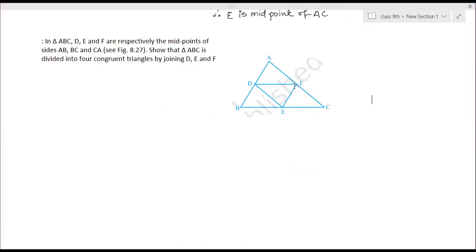D and F are midpoints of AB and AC. So therefore, by midpoint theorem, what we can say? DF is parallel to BC and DF is half of BC.